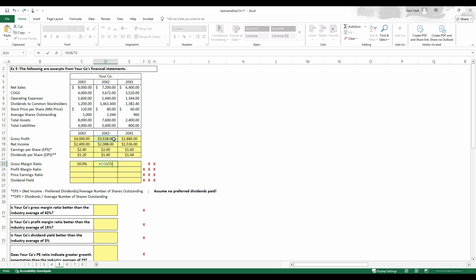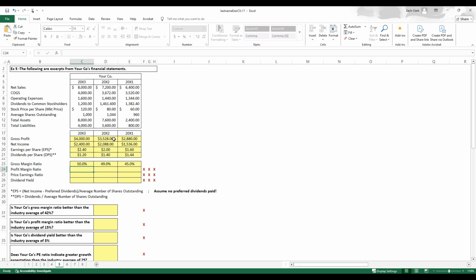So gross profit, what is our profit margin, in other words, after accounting for our cost of goods sold. Sometimes it does a weird thing there if you don't put the formula in just right. Okay, gross profit divided by net sales.